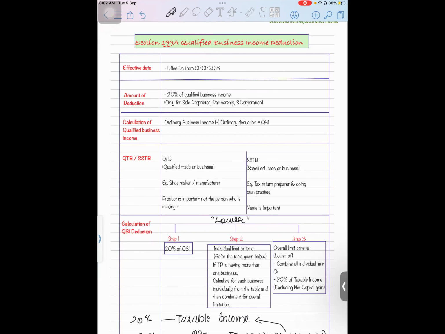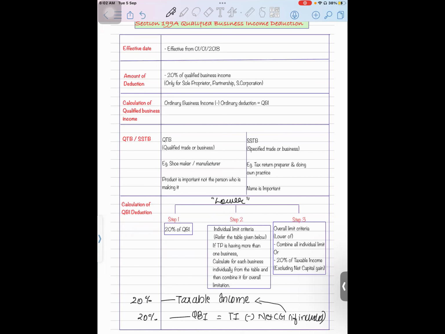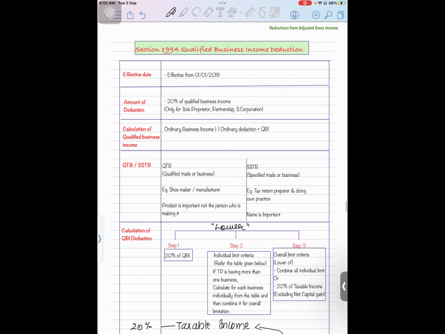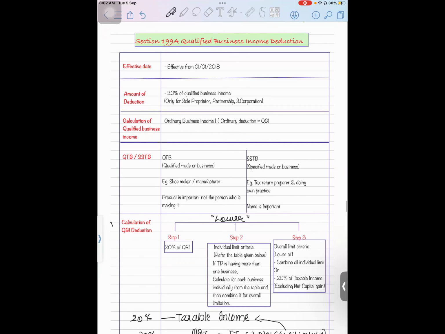Whatever business you are doing, you will have income and expenses, right? If you are doing a qualified business, you can get an extra deduction. You get the standard deduction, and just below it there will be a QBI deduction. There is a whole calculation which we will see, and that much amount you can get extra as a deduction if you are doing a business.